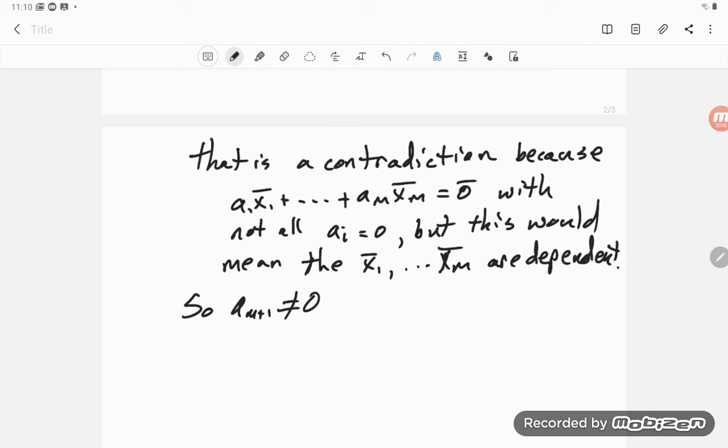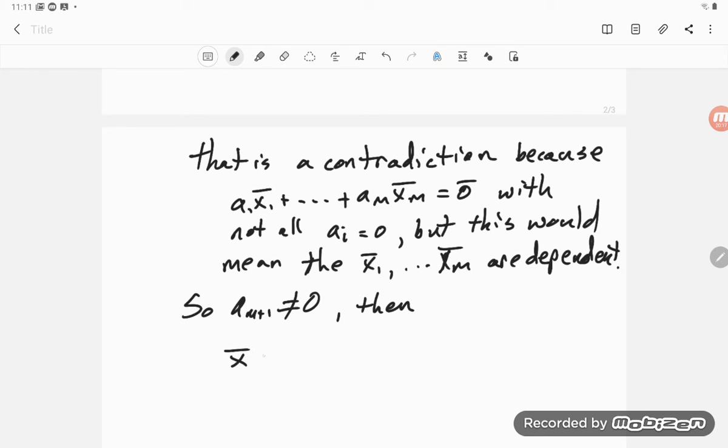So a sub m plus 1 is not equal to 0. If it's not equal to 0, then we can write x as a linear combination of the others.